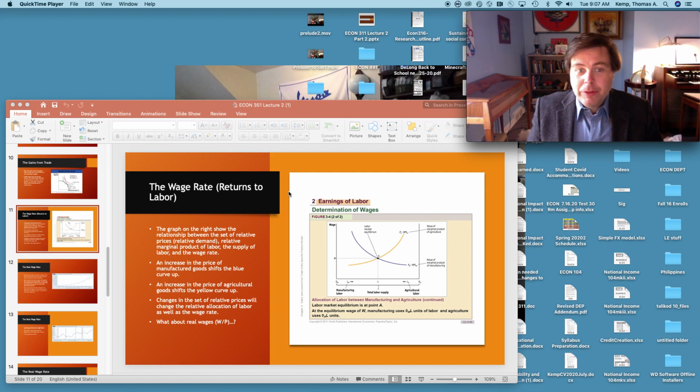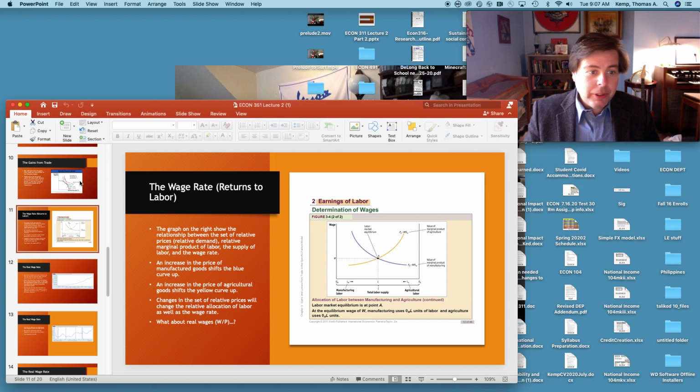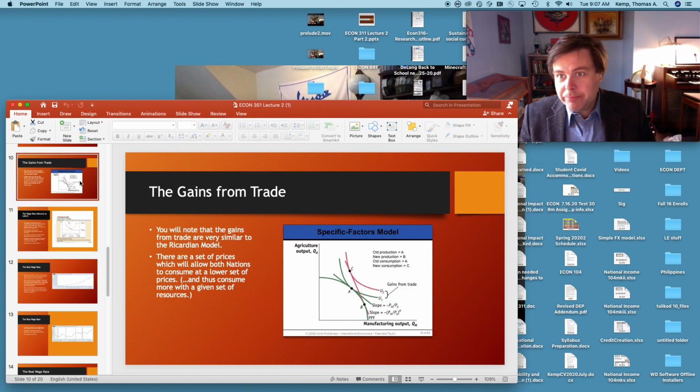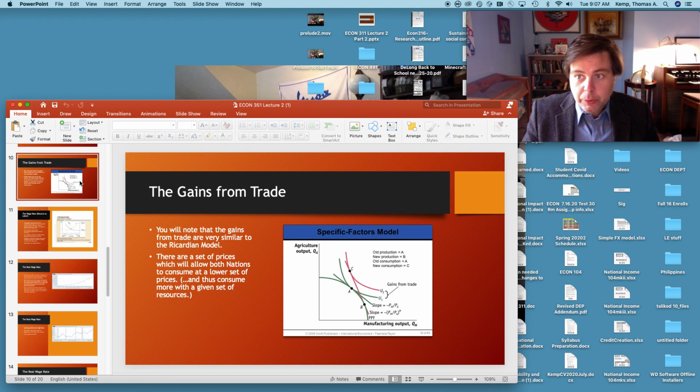So we were on the previous slide, just to remind you quickly, this one here, where we were illustrating the gains from trade in the specific factor model. Just very quickly to reiterate where we were. We started off with point A. Point A represented a point on the production possibilities frontier, a relatively even mix of agricultural and manufacturing goods.